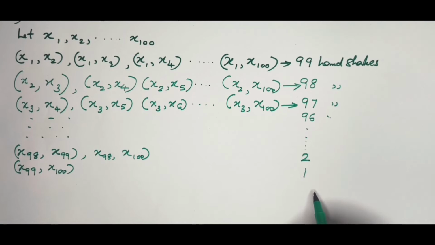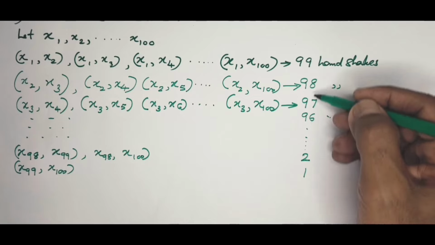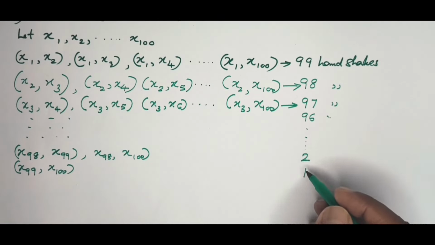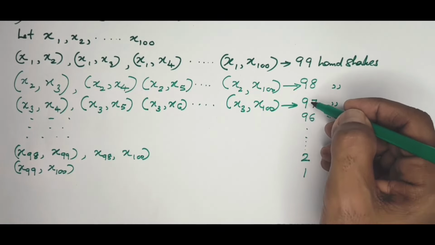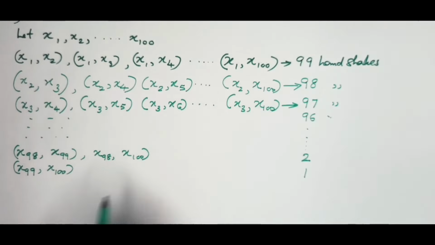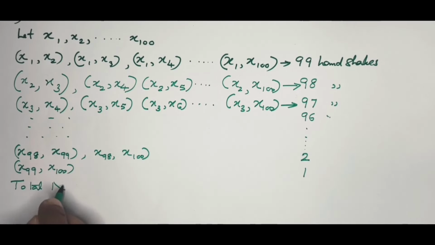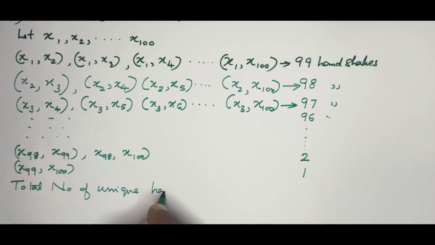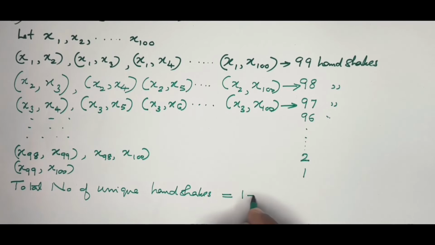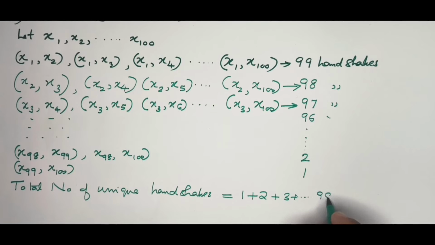To find out the total number of handshakes, all you need to do is just add up these numbers you are getting: 1, 2, 3, 4, up to 96, 97, 98, 99. So the total number of unique handshakes equals 1 plus 2 plus 3 up to 98 plus 99.